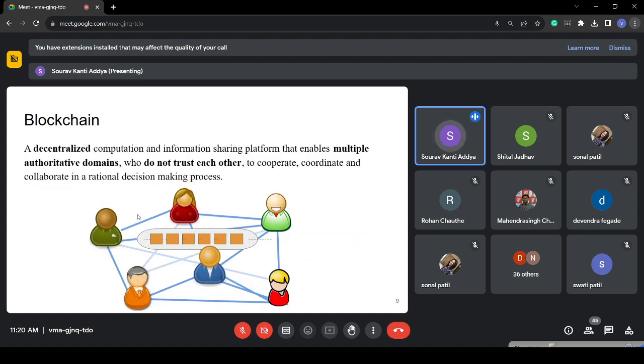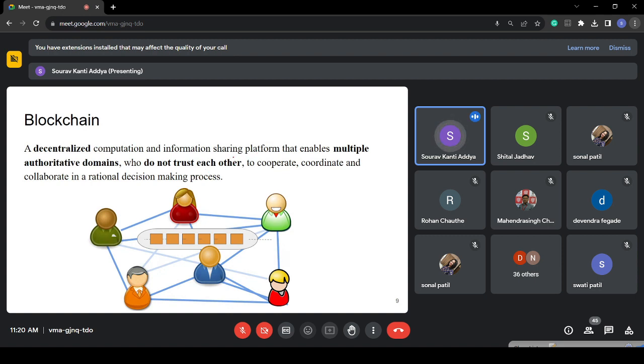So then what is blockchain? If you go to the definition, it can be a decentralized computation and information sharing platform. See, it's a platform, right? So we are talking about technology.